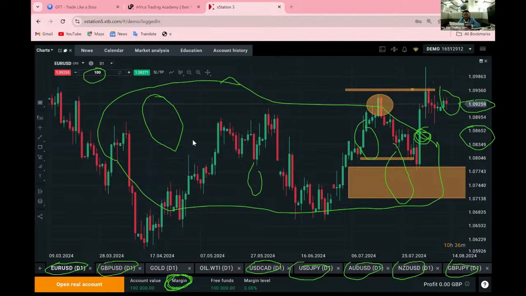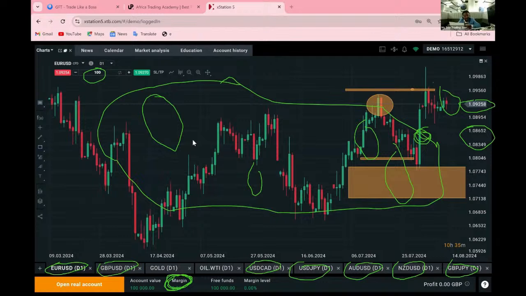Then we have what is called free margin. Free margin means the amount remaining to be used to open more trades, the free fund available to buy or to trade more. Then your equity is your balance in the market.